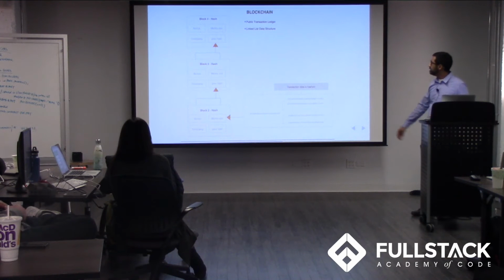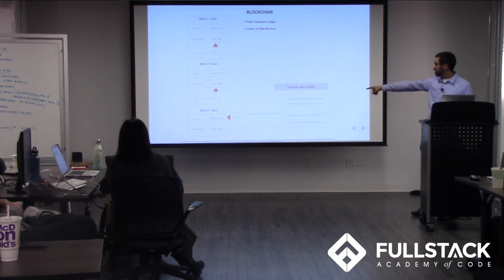So each block on the blockchain has a unique hash value to it. That's essentially like the digital fingerprint, the ID for that block. And that's made up of several different things. One is the Merkle root transaction hash of all the transaction data.